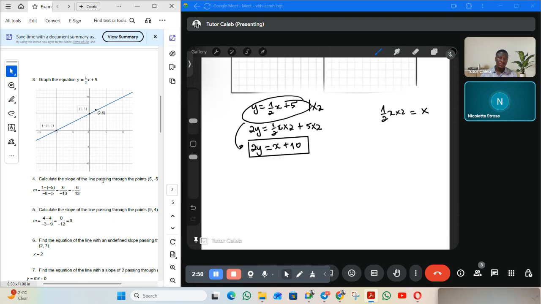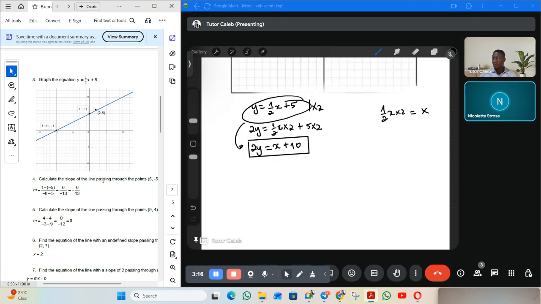Yes, you told me that yesterday. That's why you get 1x. Is it clear? You said half times 2, which is 1. So that's x. So you get 2y equals x plus 10.